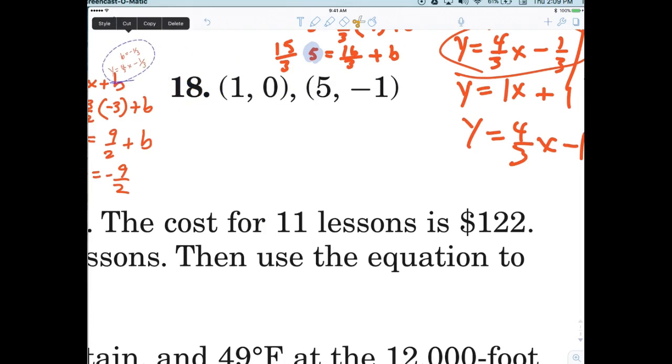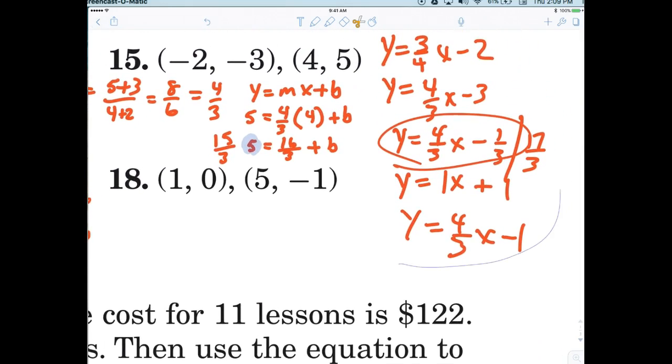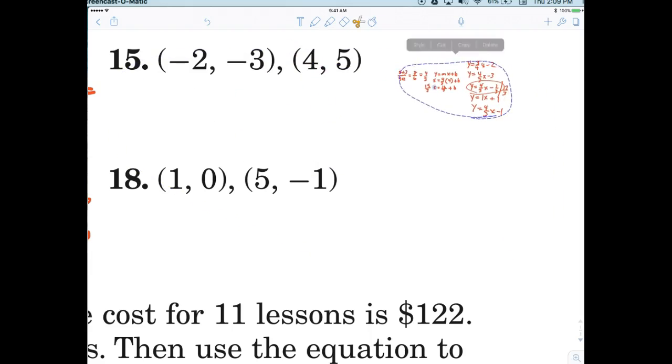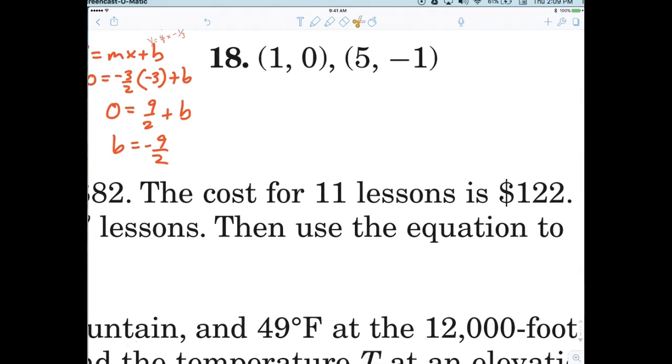Right, 8 to 10. Here we go. I want everybody to try 18. You got 30 seconds. Go.